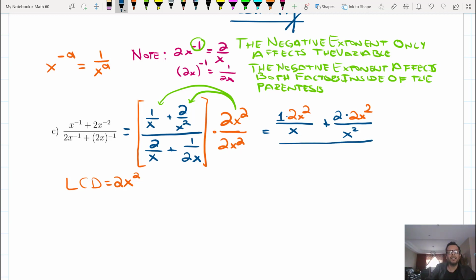And we're going to divide this by whatever we get from distributing here, which in this case, multiply with the numerator, multiply with the numerator.